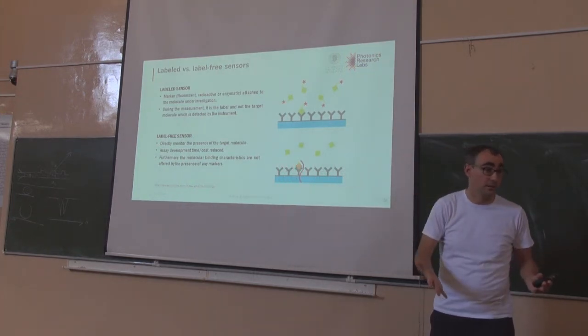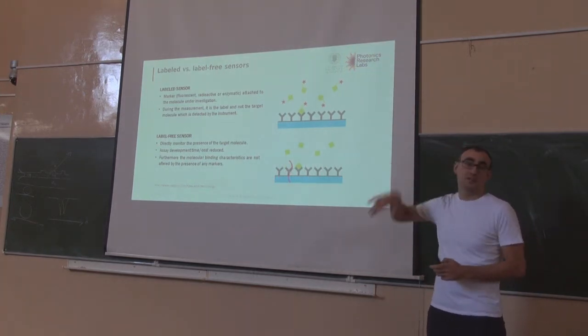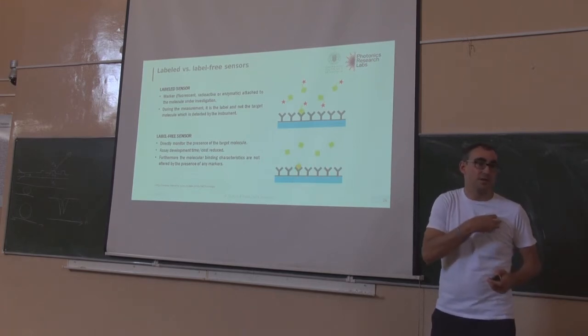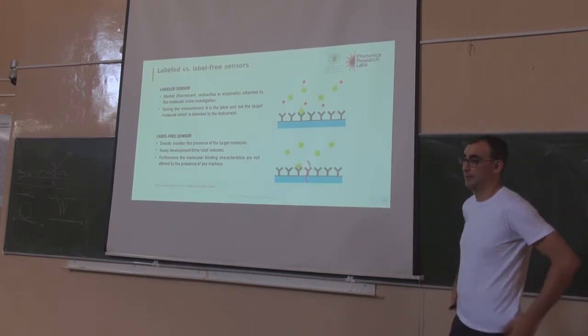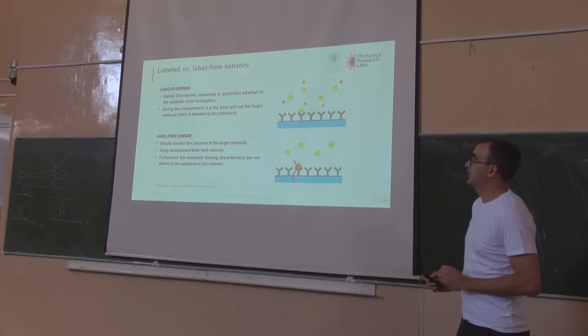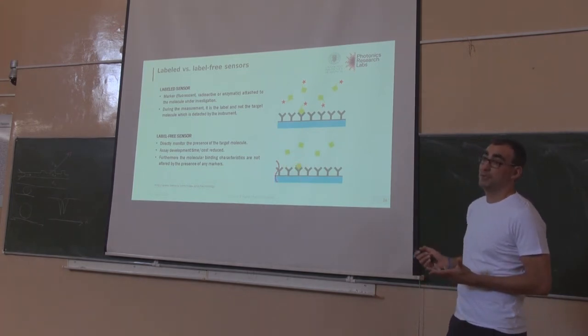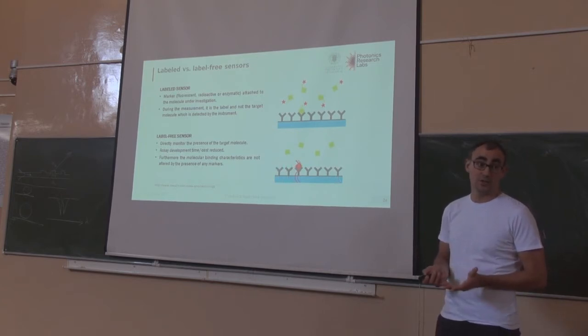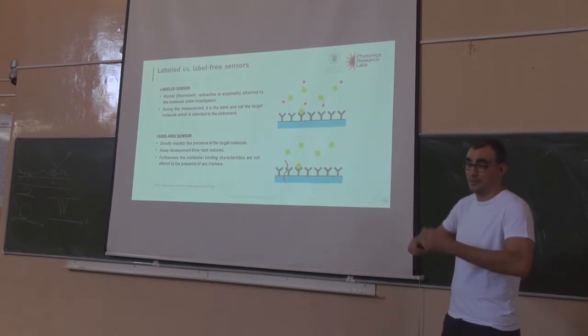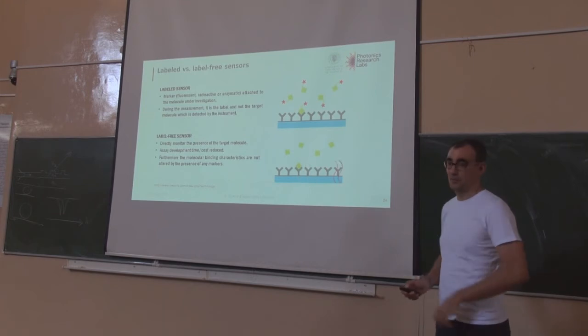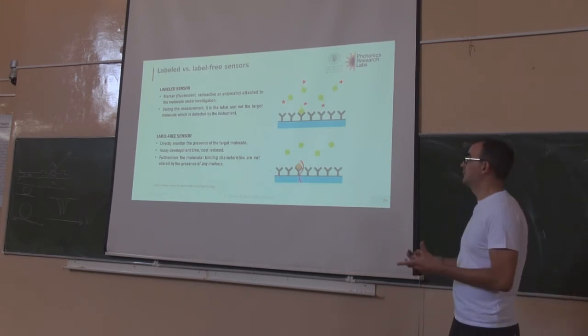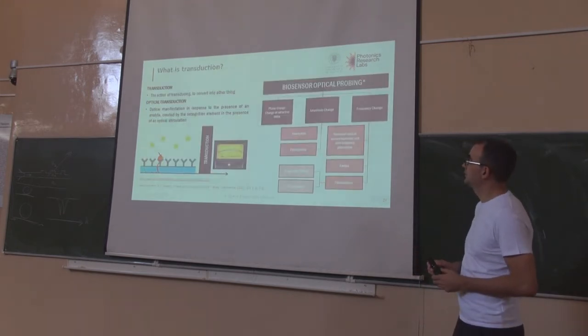Those are labeled. Okay, and unlabeled is on the contrary. Without doing anything, you can see directly what's happening. Okay, so label-free, and ideally you want it label-free because labels also alter the properties of what you're trying to sense. So, and also it's another additional step. So more complex and maybe with additional difficulties.